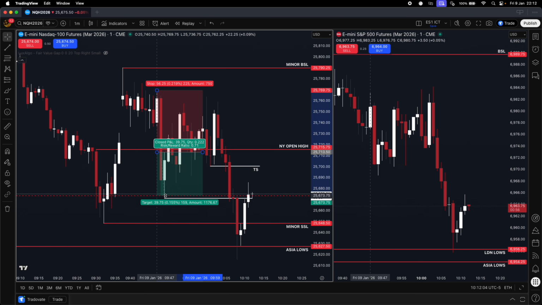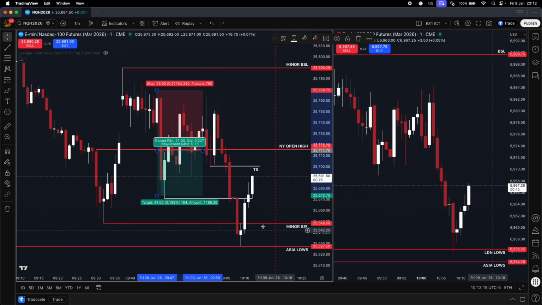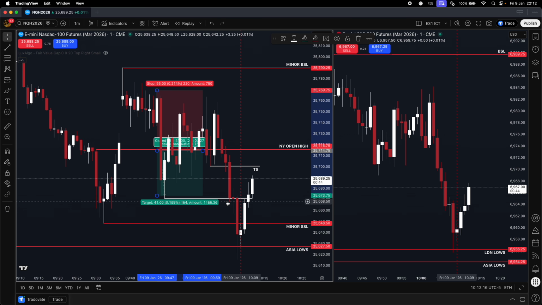So I got a 0.71 ish R. Maybe I got a bit of a later entry around there. So about 0.75 R on this live account. The other live account got around the same entry, so it'd be the same result. And then Top Step hit a 2R.